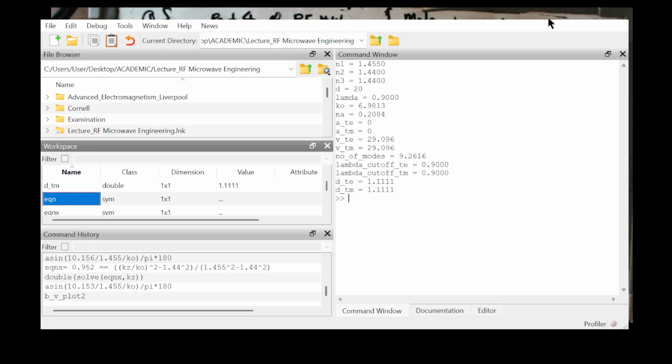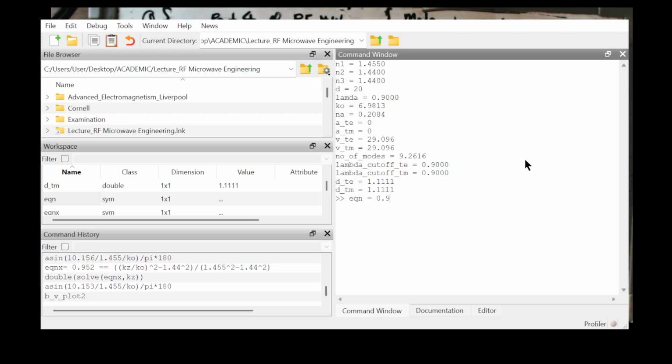So first I set the equation, and the value of B. I will start with the first one, and then times the formula for KZ for the value of B, and then K naught square minus N2 square, divided by N1 square minus N2 square.